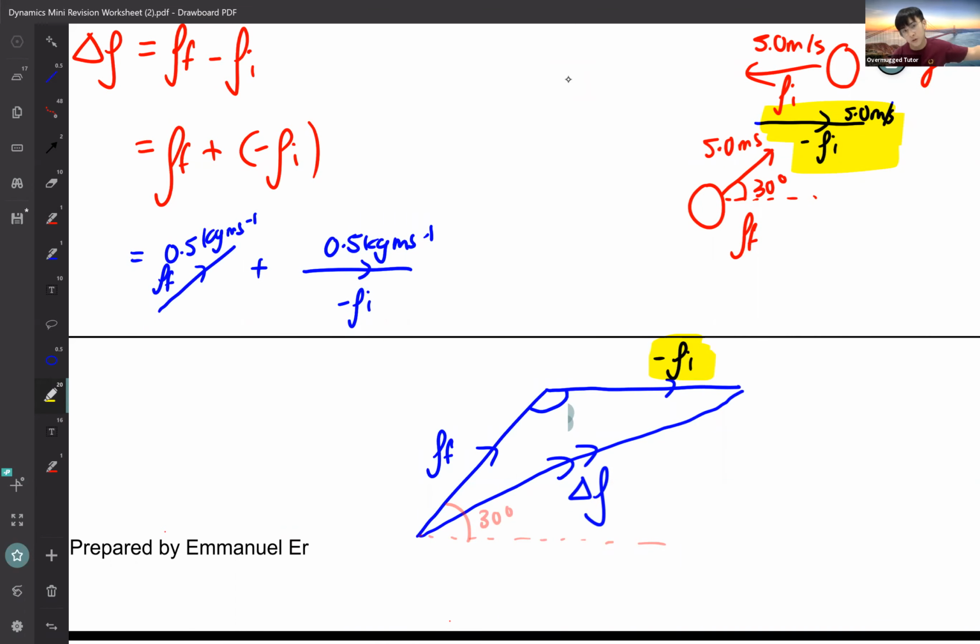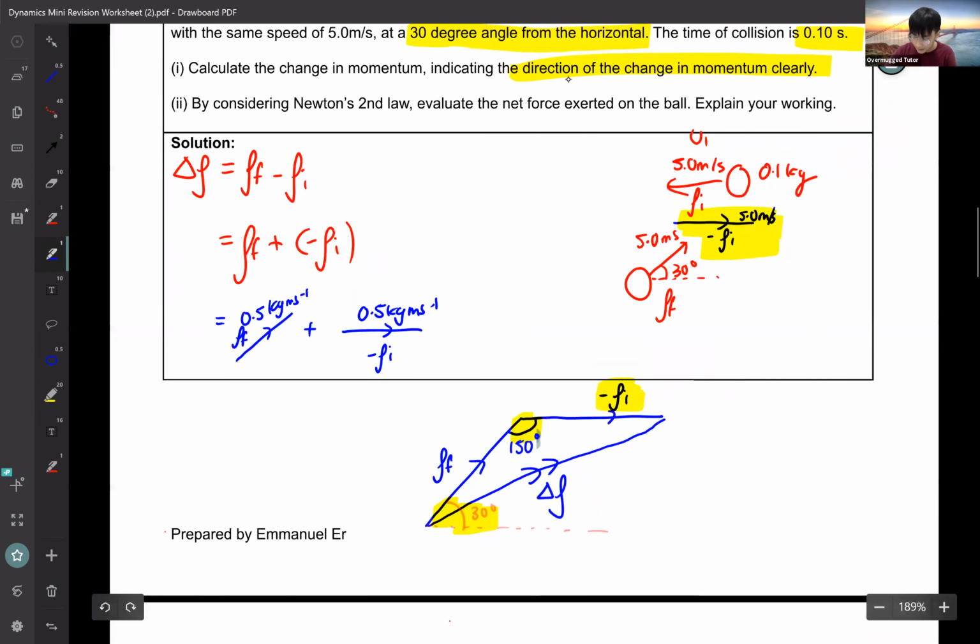So if this angle here is 30 degrees, how much is this angle? You know that these are two parallel lines, so by interior angles, this is 150 degrees. This is basic Sec 4 math, I think. So you should be able to find this now.